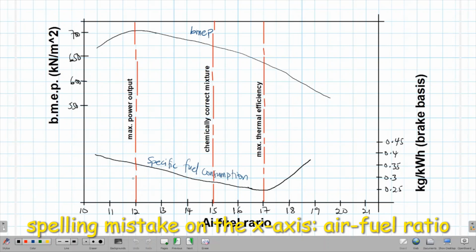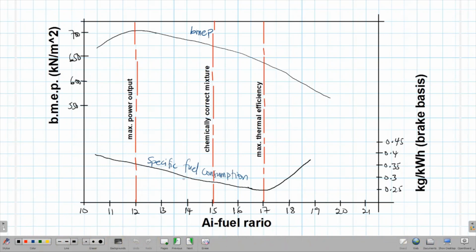Also, since the speed was maintained constant throughout the test, the brake mean effective pressure curve is proportional to the torque or power output of the engine.